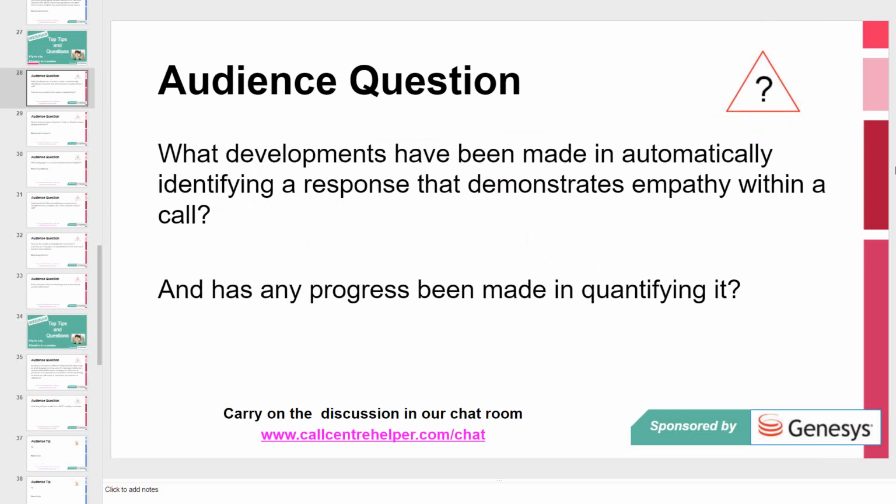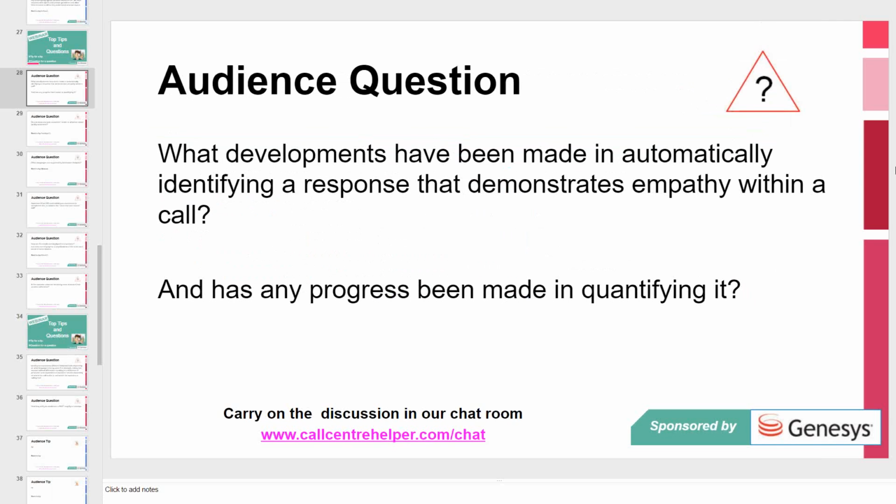We've had one in asking what developments have been made in automatically identifying a response that demonstrates empathy within a call, and has any progress been made in quantifying it? Sean? Yeah, that's a great question. The way we assess that is again defining what exactly empathy means according to the phrases that the agent might use when demonstrating empathy.